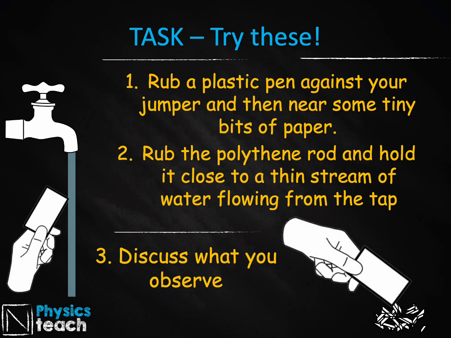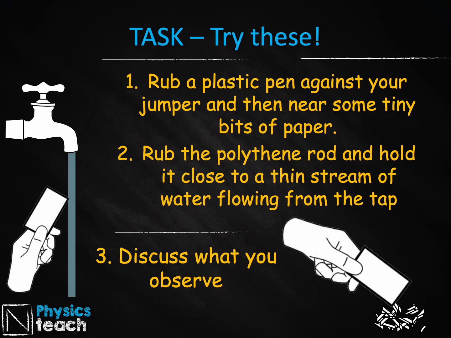And the second experiment, if you're looking for a pen, I have loads of them here, you can borrow. The second one you can try is with the water in the tap. So you can take one of these rods, a polythene rod. I'm not sure which one is polythene. Some of them are acetate, some of them are polythene. So you might try a couple of the different plastic rods here.